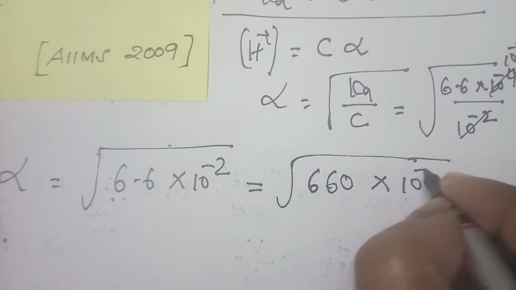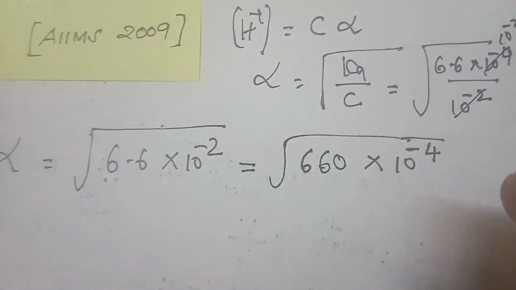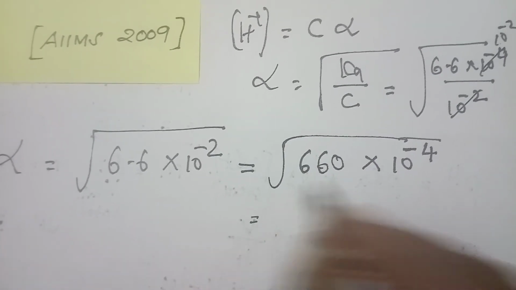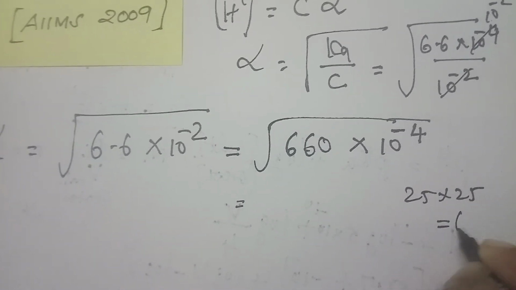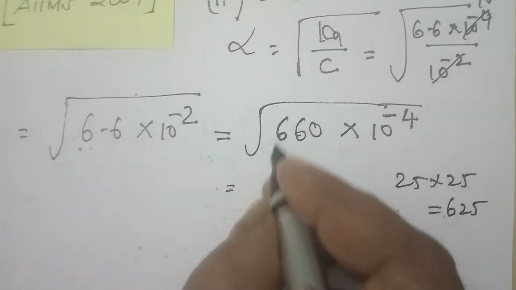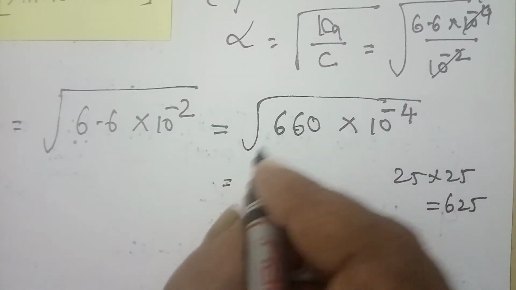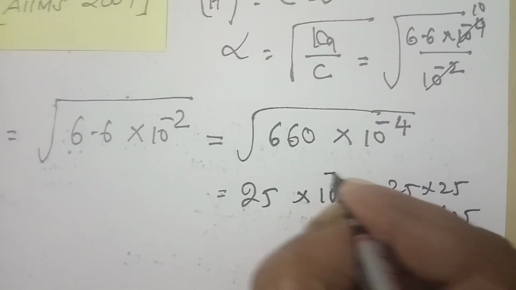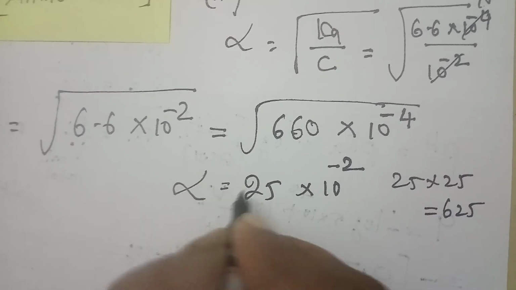Dividing by 100 gives minus 2 again, so totally minus 4. Now 625 is 25 into 25, which is very familiar. So the square root of 660 I can take as 25. So the square root of this is 25 into 10 to the power of minus 2. It is very simple. So this is your alpha.